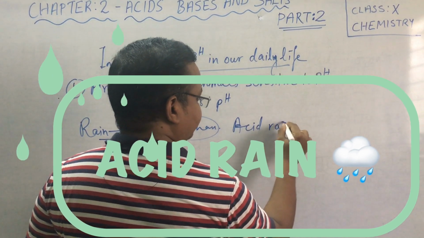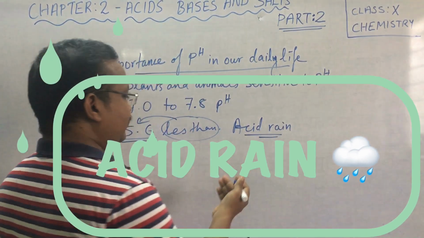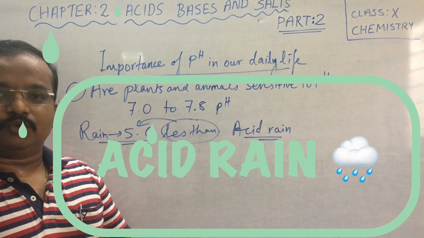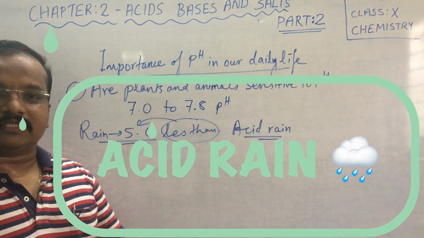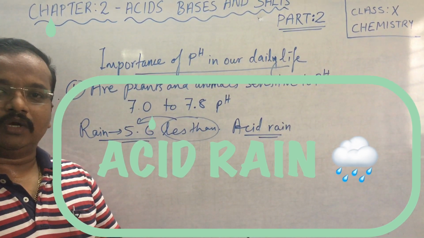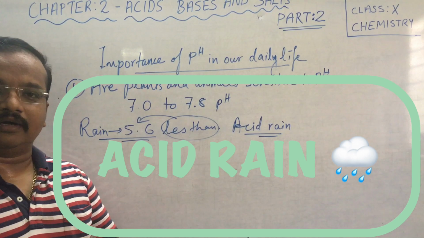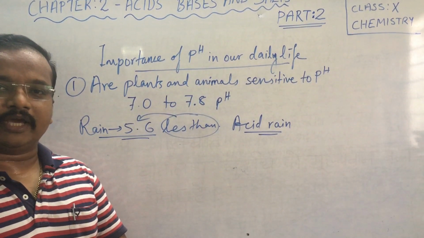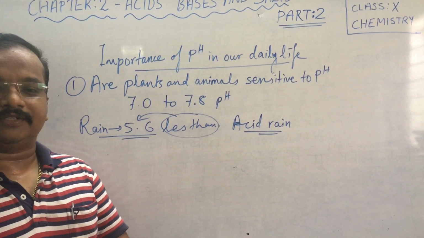This acid rain actually creates a lot of problems for aquatic animals, especially when this type of acid rain falls into aquatic regions. Then the life of aquatic animals becomes quite difficult.